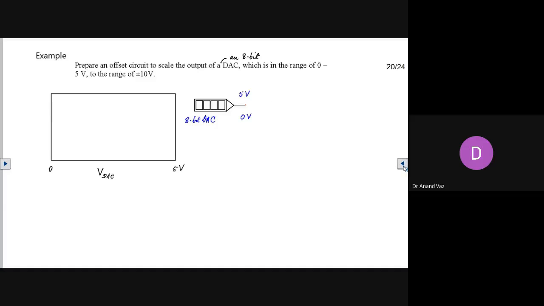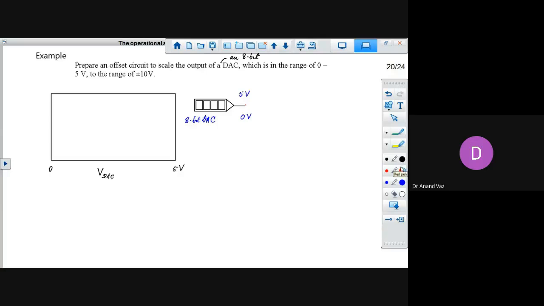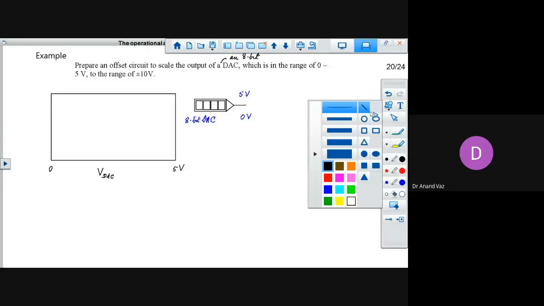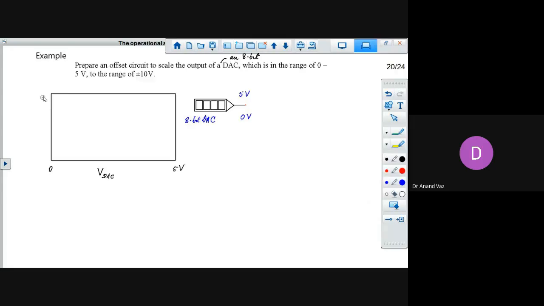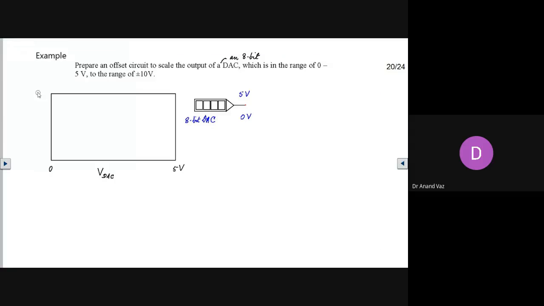And because we know that the operational amplifier is going to invert the polarity, we will say that 0 volts, let it correspond to 10 volts.